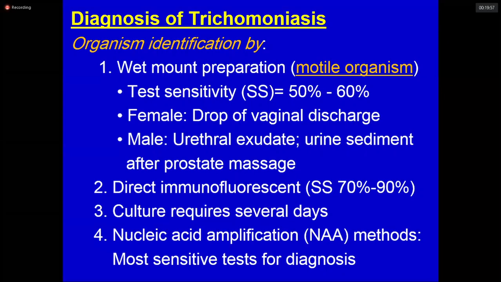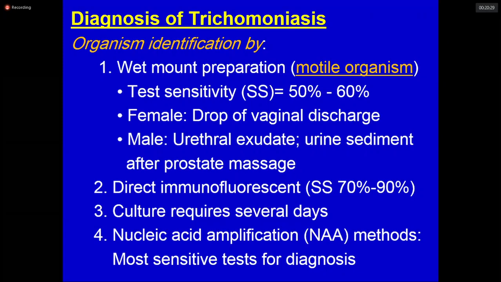There is another technique besides the wet mount preparation called direct immunofluorescence. It is more sensitive than the wet preparation. Its sensitivity is 70 to 90%. Culture also can be done. We said this organism can be cultured under anaerobic conditions, but it requires several days for cultivation. Sometimes you cannot wait for it.